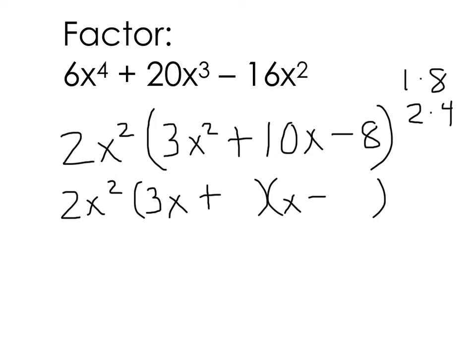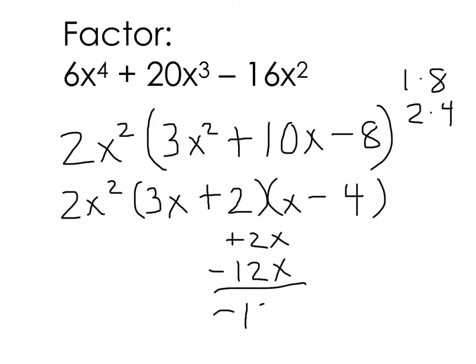If we put the 4 here and the 2 here, that will give us plus 2x on the inside, minus 12x on the outside. That is minus 10x. That is so close. We have the right number, but we have the wrong sign. That means we have the right numbers and we have them in the right location, but we put the wrong sign.